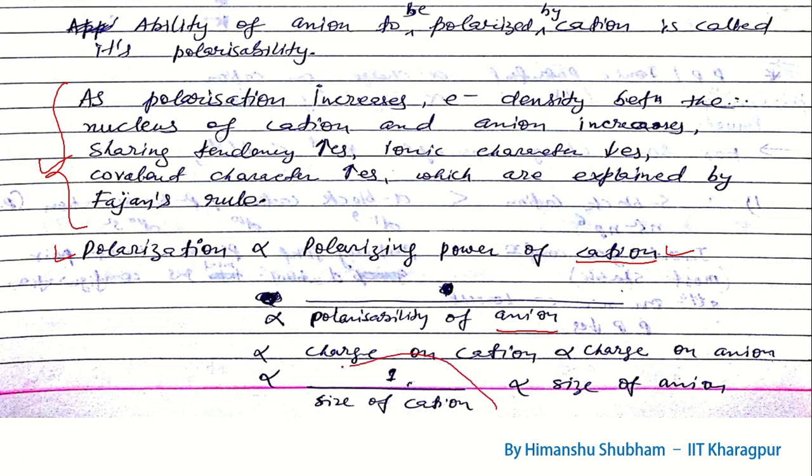The important thing here is that it is inversely proportional to the size of the cation and directly proportional to the size of the anion. So we are done with all these basic terms and definitions, how we can calculate the percent ionic character, how we can compare the percent covalent character using Fajan's rule, and we have also seen the parameters on which the polarization is dependent.